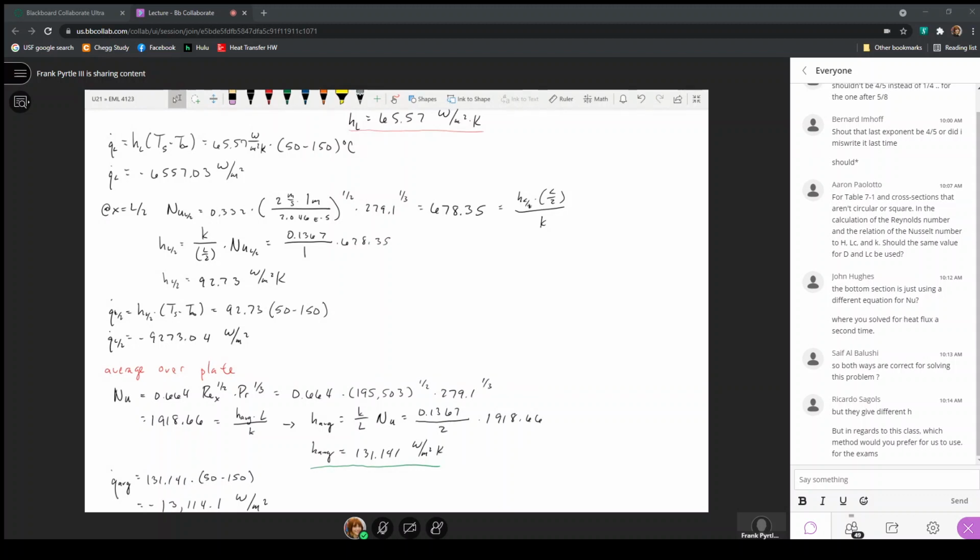So all of those expressions can be used to find heat transfer coefficients. It's a matter of just selecting the appropriate one as a part of your solution process to get to a value of the heat transfer coefficient.